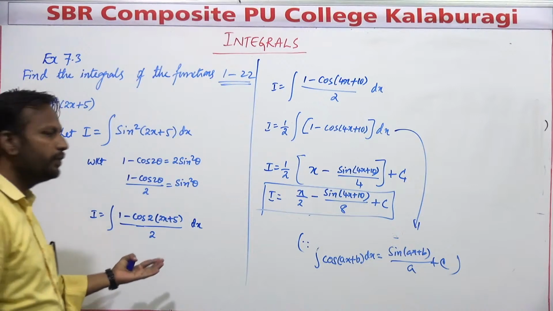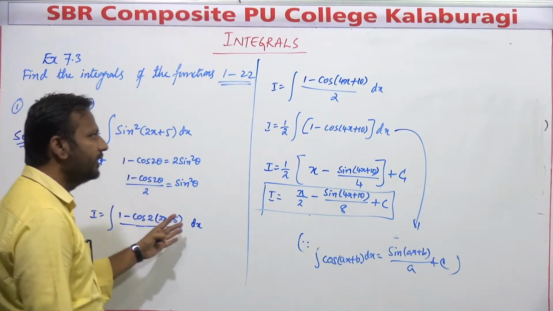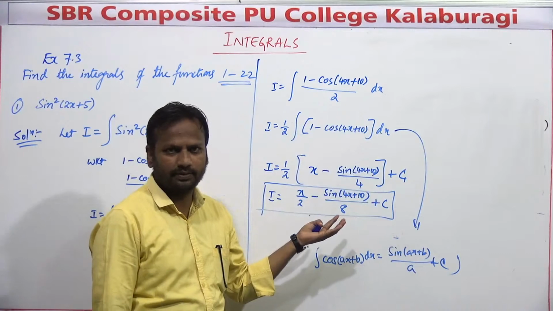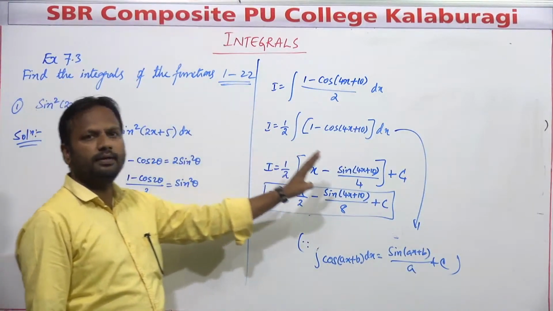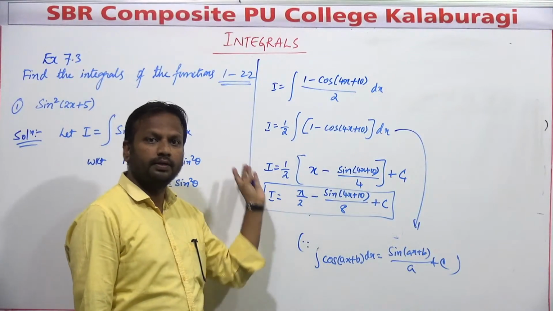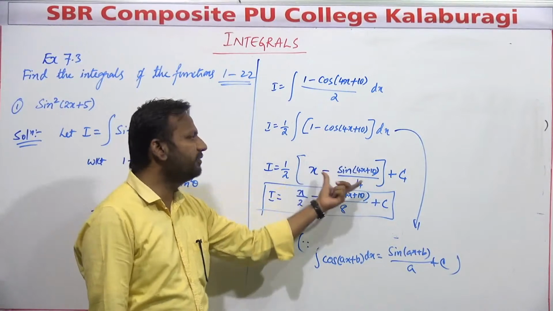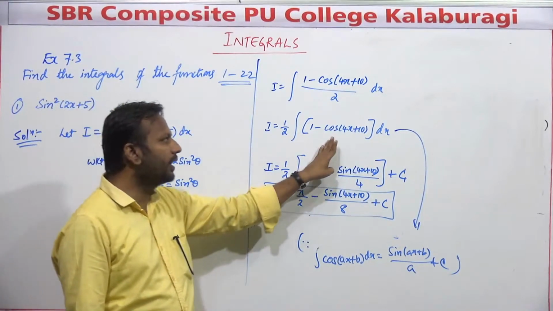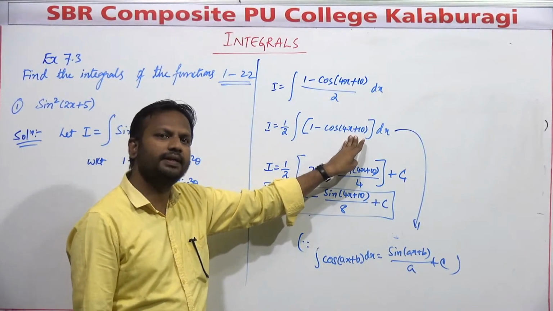Sometimes when you apply the trigonometric identities, some of the integrands you get are in the form of the substitution method. There also you can get such an integrand after applying trigonometric identities. Here it is converted into the first exercise problem, a simpler form, right? In some of the integrands, we will get a little more complex integrands.